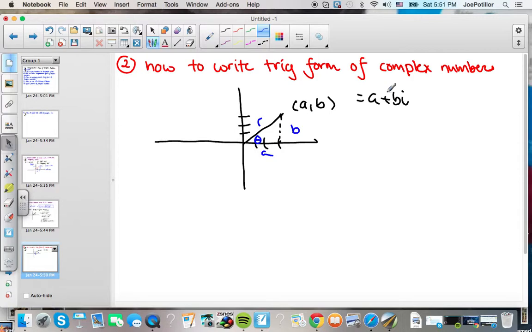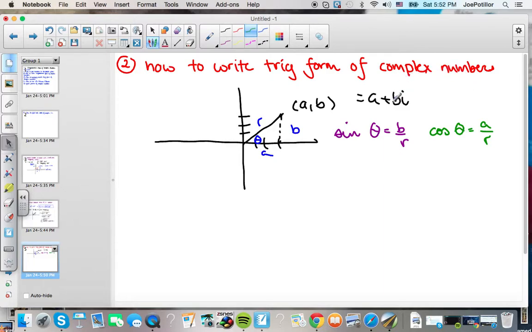And if I use the ratios of the triangle in this situation, I have sine and cosine, of course, which, as you know, sine is y over r. So in this case, sine of angle theta is b divided by r, and of course cosine of theta is a divided by r.